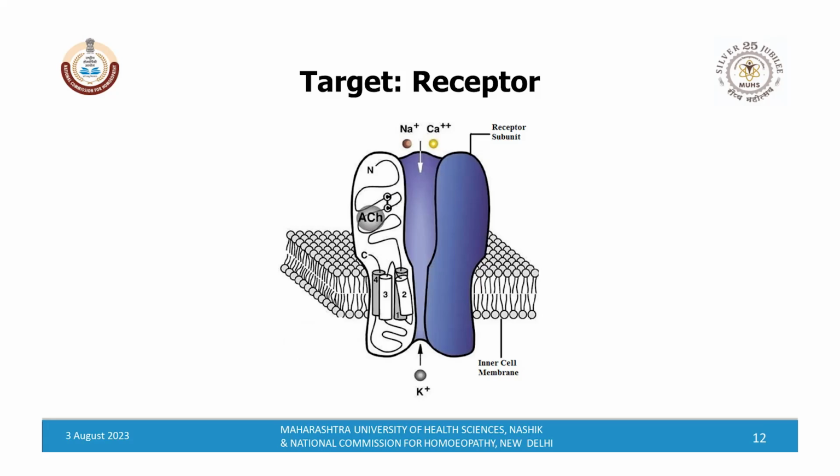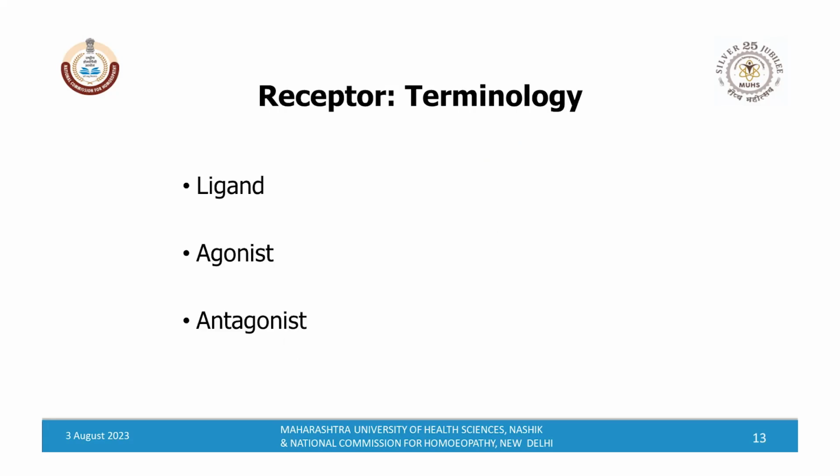Each one will have a variety of body substances attaching to it and producing different actions. The diagram which is projected is of a receptor present on the cell membrane. Let us now see a few terminologies which are commonly used while explaining the drug action via receptors.